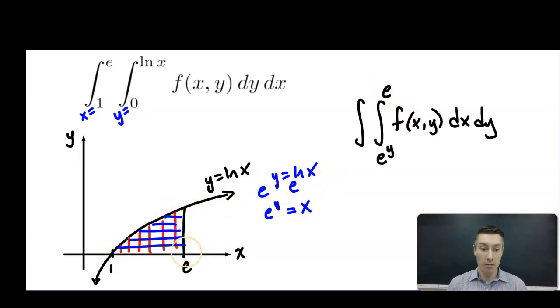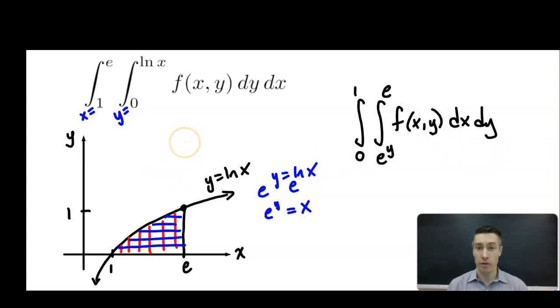And then y moves vertically from 0 to this point here, which is the natural log of e, which is 1. So from 0 to 1. Really it's all about the region of integration and switching from type 1 in this case to a type 2 region. That allows us to change the order of integration and we're good.